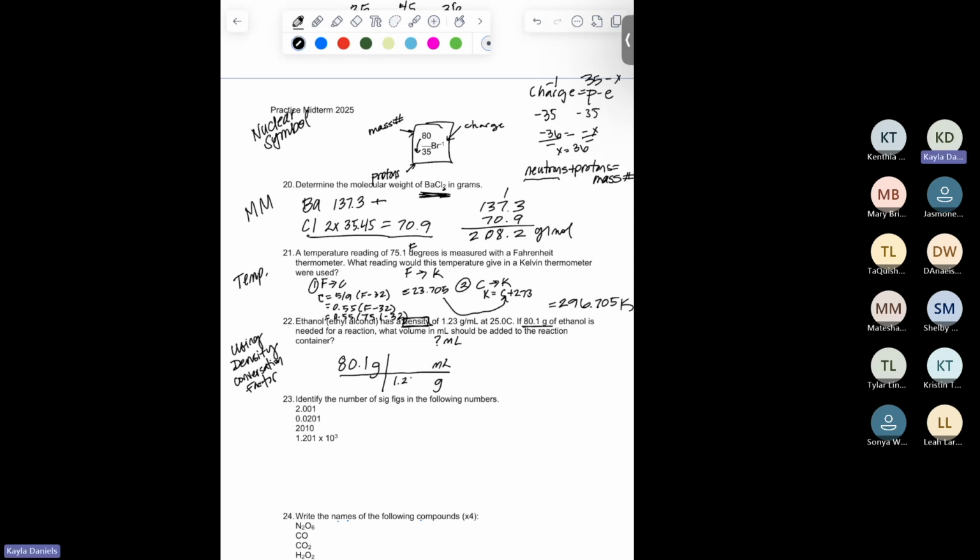This 1.23 goes along with the gram, so since I put gram on bottom, I put that one on bottom. All right, so that left me dividing 80.1 by 1.23. No, not grams, I'm sorry, mils.